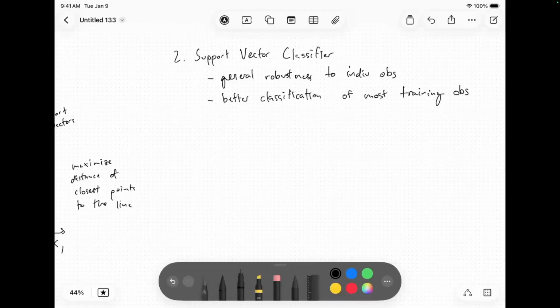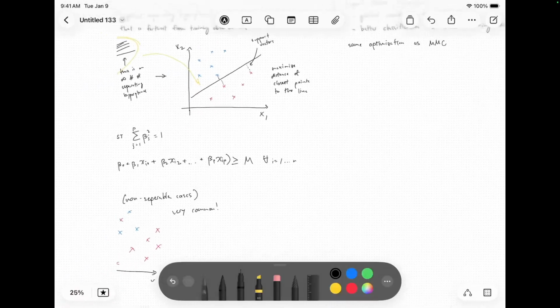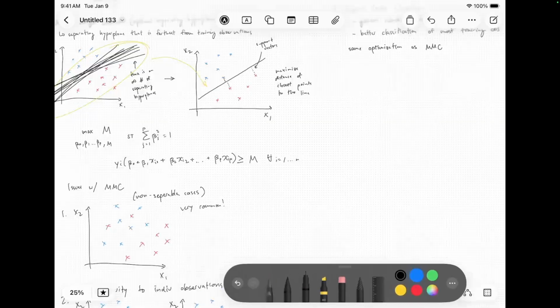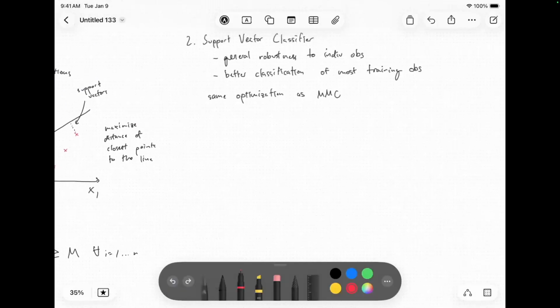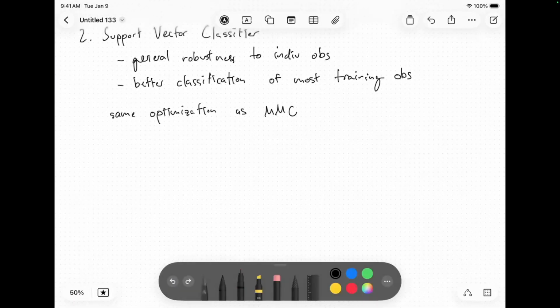So the idea is we do the same optimization as MMC, this thing over here. We're going to do the same optimization, except this time we're going to add an additional constraint.